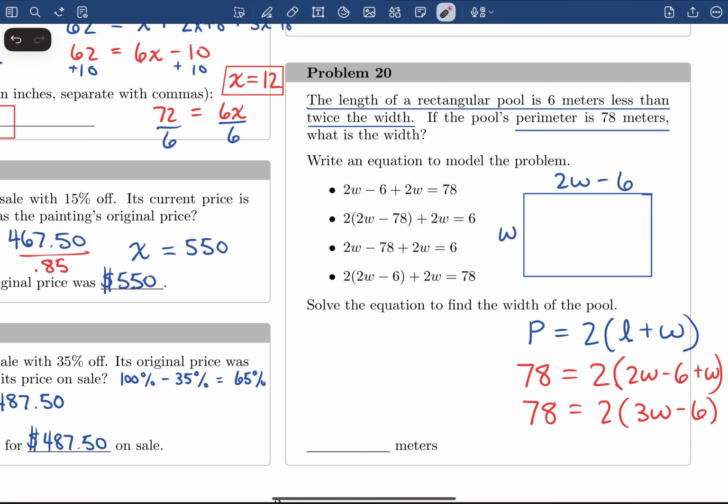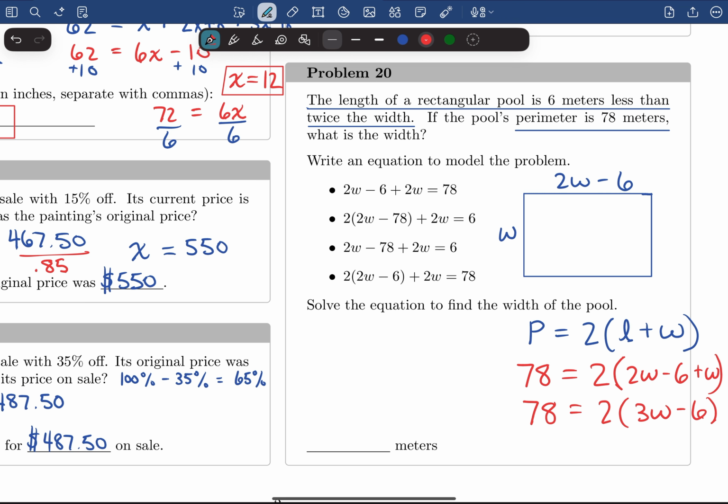Well, I've got 78 right here. And then I've got 2 times 2W minus 6. Well, I've almost got stuff like that. Maybe I should distribute and see what happens. So I'm going to distribute this in, and I get 78 equals, well, 6W minus 12.